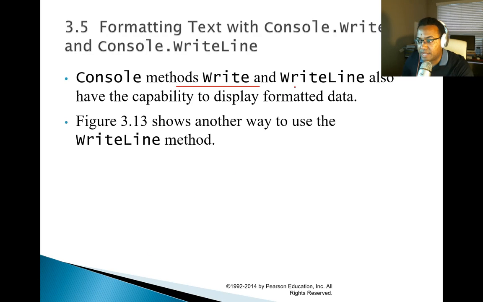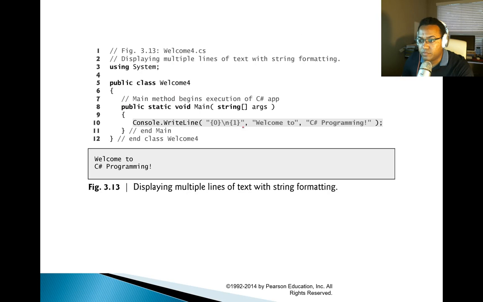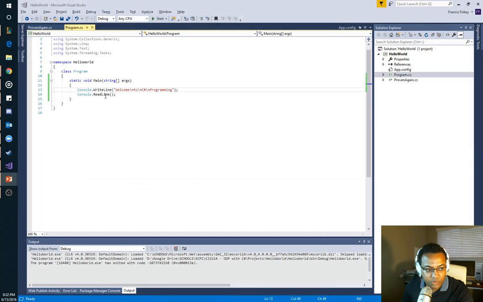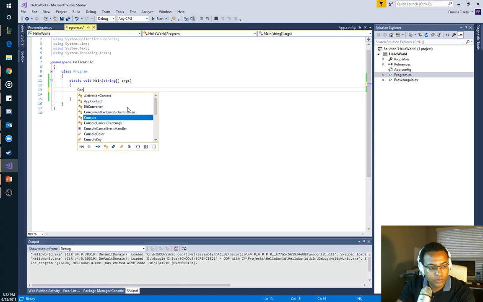Console methods Write and WriteLine also have a capability to display formatted data. So this is what I was talking about, the complexity of writing your code. Remember when I showed you the one that... or actually I'll just flip over real fast and let me show you what they're doing there real quick.